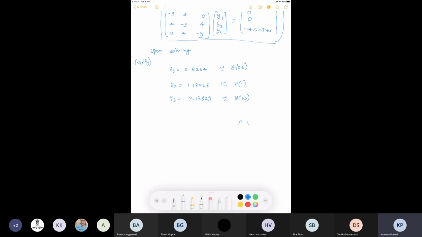If you provide the matrix A and the vector B, to solve Ax equals B, you just supply the matrix A and then the vector B, and use this backslash. This is in MATLAB. So this basically returns you this vector X.